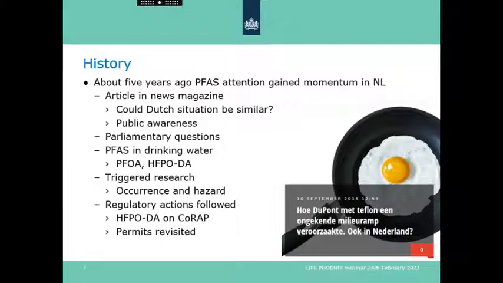And from that, there were some questions asked in the Dutch Parliament, and that triggered again a lot of further actions.